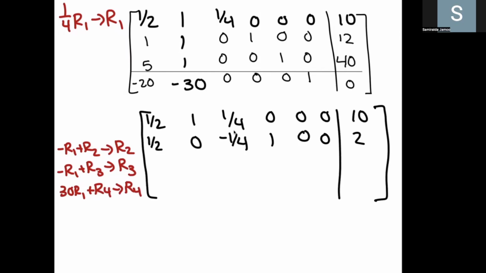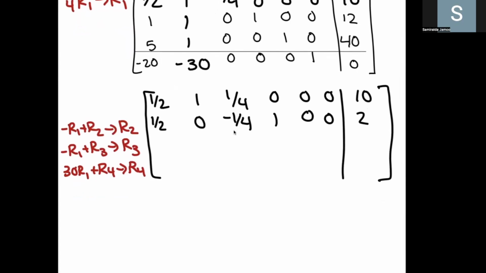Okay, next one we have -1/2 plus 5. So it's really 5 minus 1/2, so it'll be 4.5. 4 and 1/2 gives me 9 over 2.